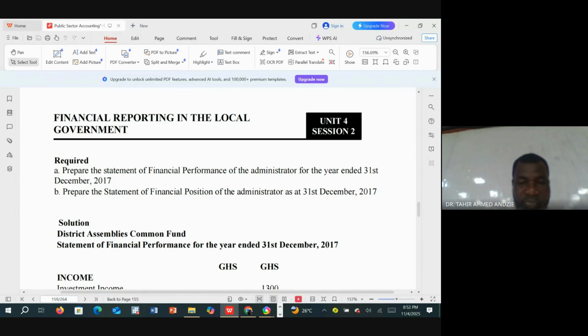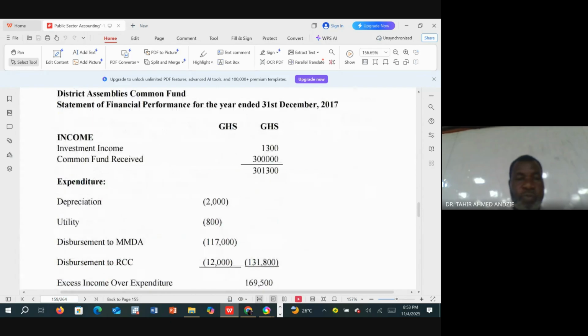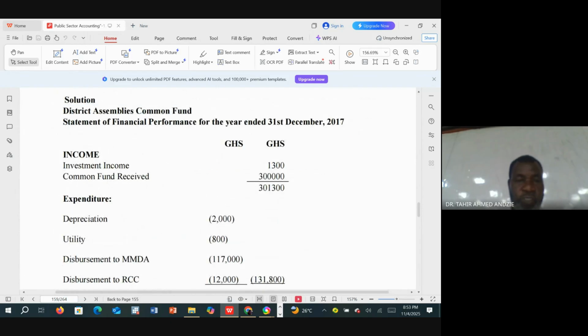Then the statement of financial position is to show the position of the fund in terms of the assets, liabilities, and then the accumulated fund. Okay, so let's look at the solution for the District Assembly Common Fund statement of financial performance for the year ended 31st December 2017. We are talking of the receipts, right?